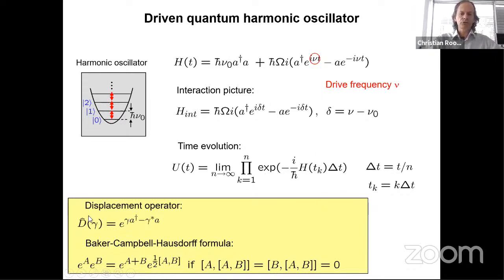These enable you to take a product of two displacements and convert it into a single displacement operator by making use of the general Baker-Campbell-Hausdorff formula.